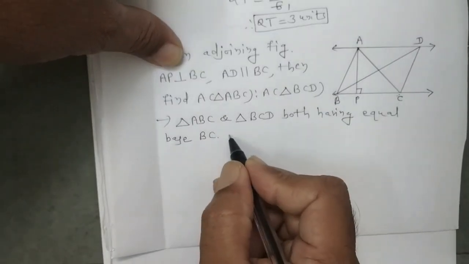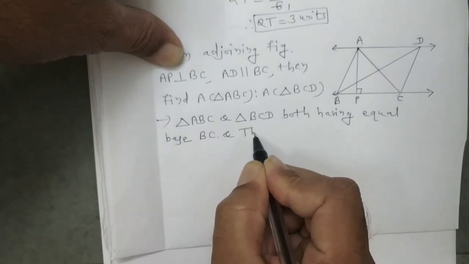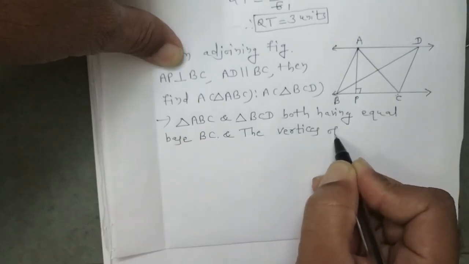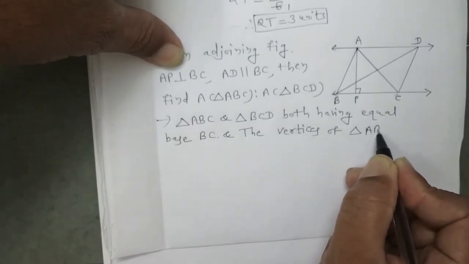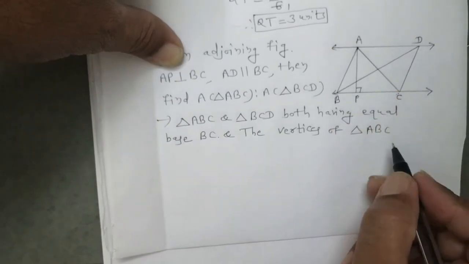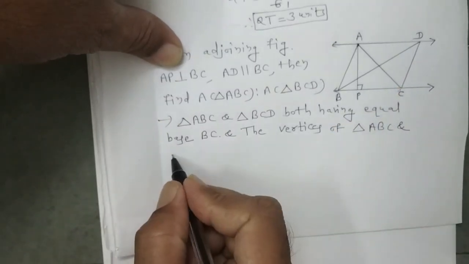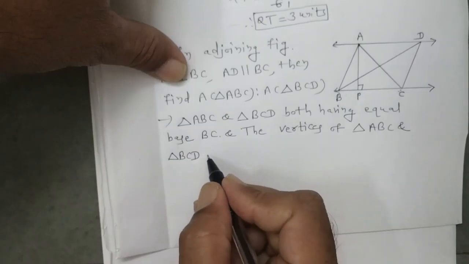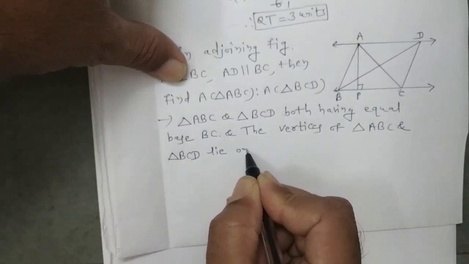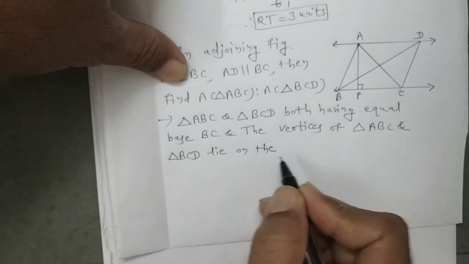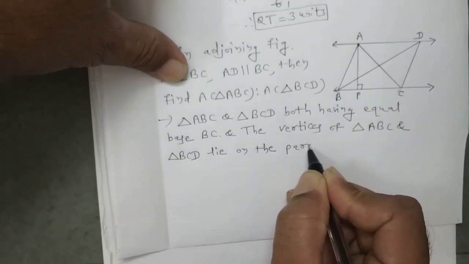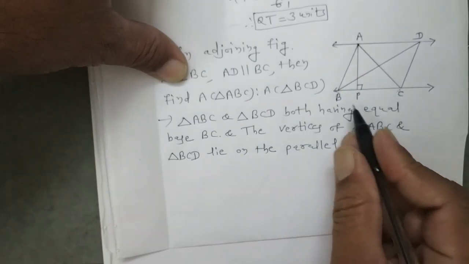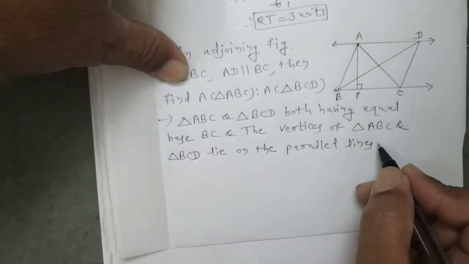The vertices of triangle ABC and triangle BCD lie on the parallel lines AD and BC.